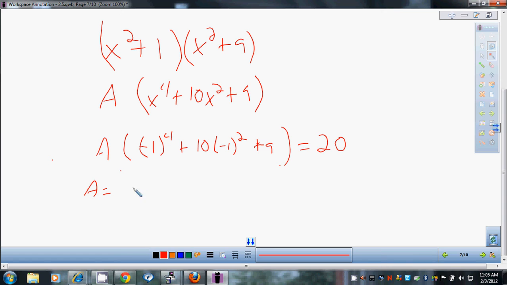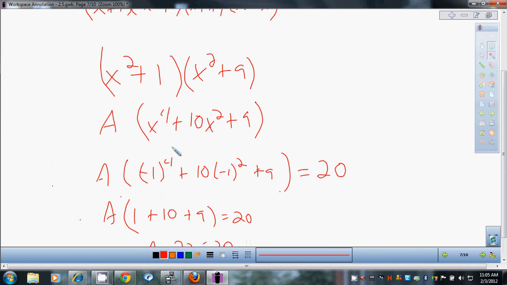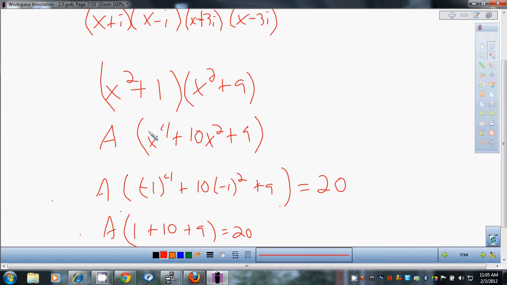So that's positive 1 plus 10 plus 9. What is that whole sum? So what's my a value? It's just 1. Well, when you plug 1 in here, it's not going to change anything. So this, in this particular case, is your finished product. Because 1 times all that won't change it.